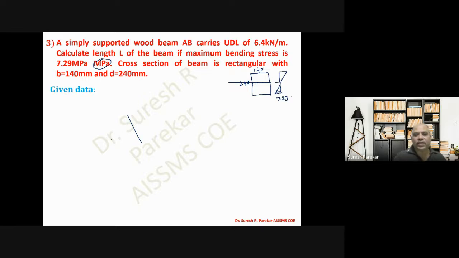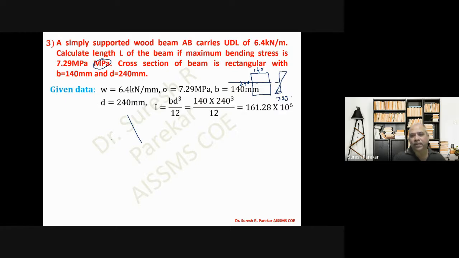Now the given data is 6.4 kilonewton per meter, sigma 7.29 MPa, b 140 and d 240 millimeter. Then I will calculate I. For a rectangular section it is b d cube by 12, so 140 into 240 cube by 12, which gives 161.28 into 10 raised to 6 millimeter to the power 4.